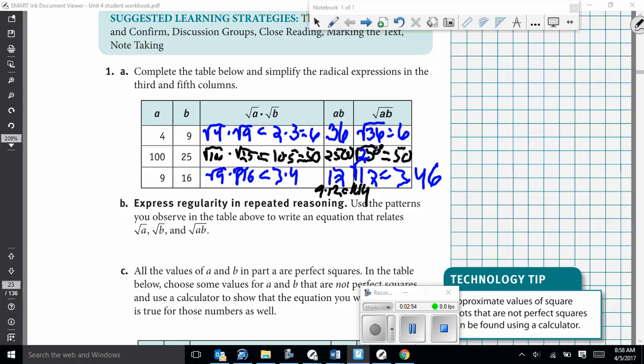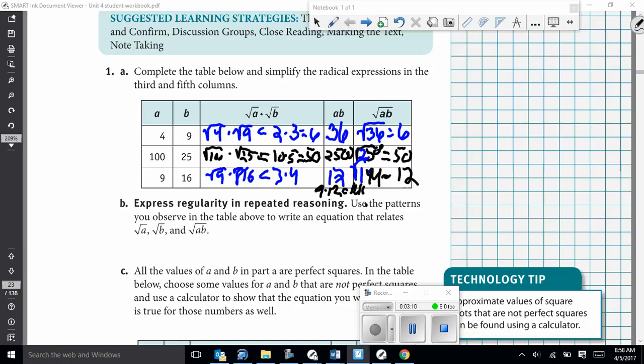So then if we take the square root of 144, we get 12.